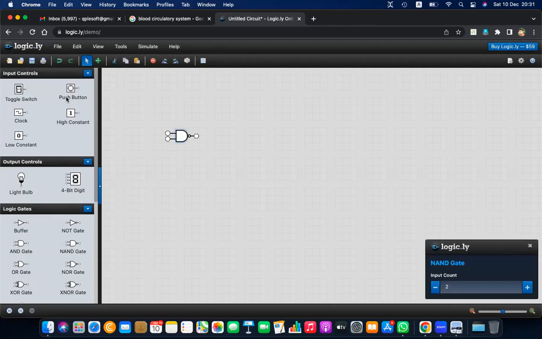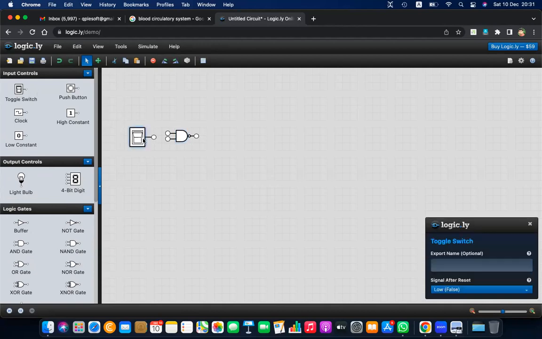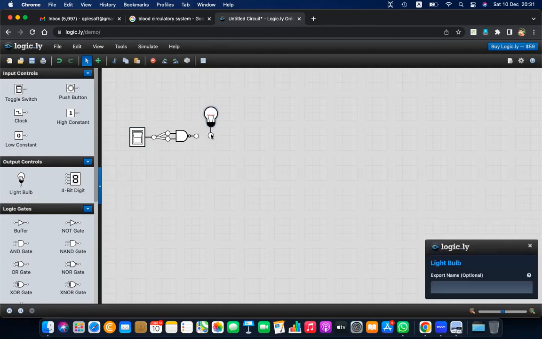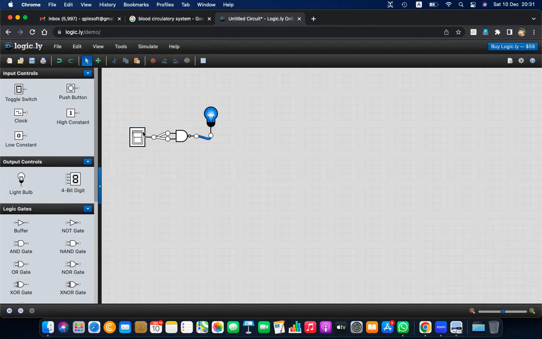Let's try to implement a NOT gate using a NAND gate. If I use a switch and combine these inputs, right? NOT gate is basically inverting. If I connect a bulb, NOT is inverting. That means 0 is 1, 1 is 0. You can see that can be implemented using a NAND gate. NAND gate can be used to implement a NOT gate. That is why I'm telling it's universal.